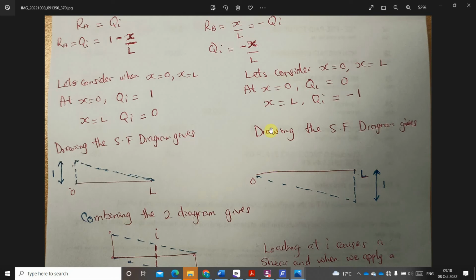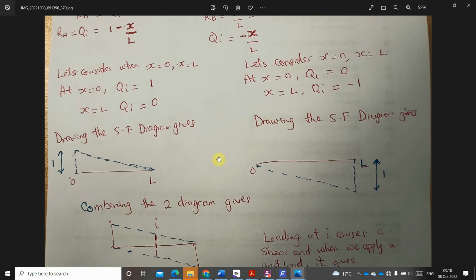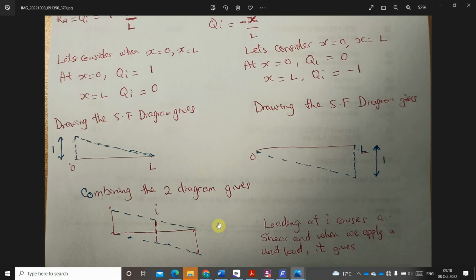So how do we treat such? We try to combine the two diagrams together. Now, if we combine the two diagrams together, this is what we're going to have. Now, the point of application of our load is this place.